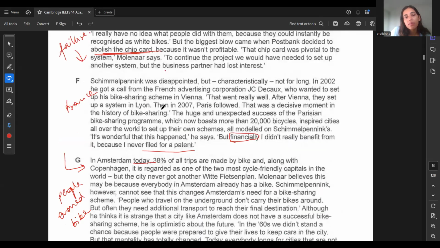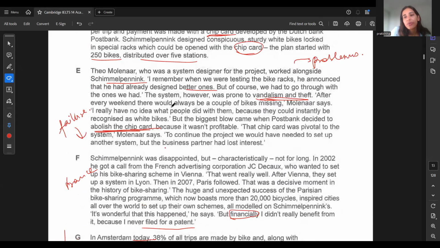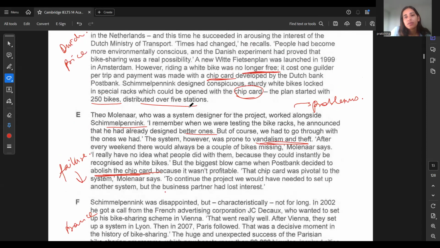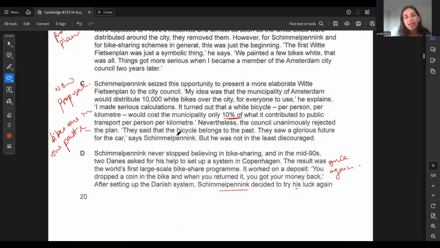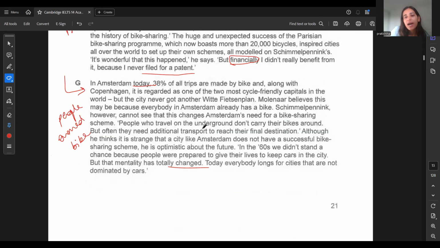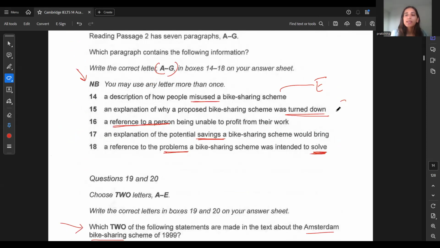So I have to talk about why it failed, right? So again, this was paragraph E, and then why it was turned down, if I remember here. Yeah, they rejected the plan, right? That it belonged to the past. So it's C.